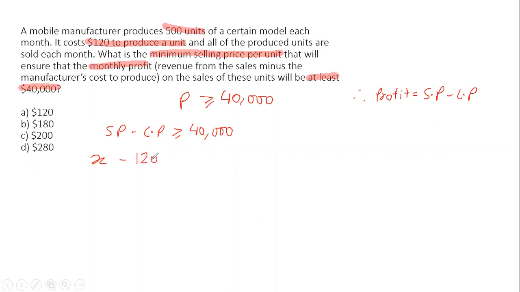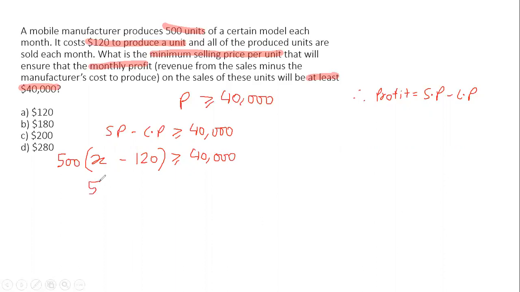And the cost price of one unit is also given to me. That's $120. So be careful guys. That's for one unit. But we are manufacturing 500 units. So the total profit will be on these 500 units. So I'll multiply this with 500, which is actually greater than or equal to 40,000.